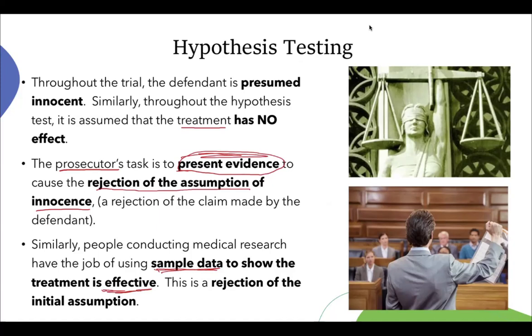This is the rejection of the initial assumption. Remember, the initial assumption was that the product, treatment, vaccine, or drug is not effective. Well, if our sample data can show otherwise, we can reject that initial assumption, and we can say that the initial assumption was wrong.